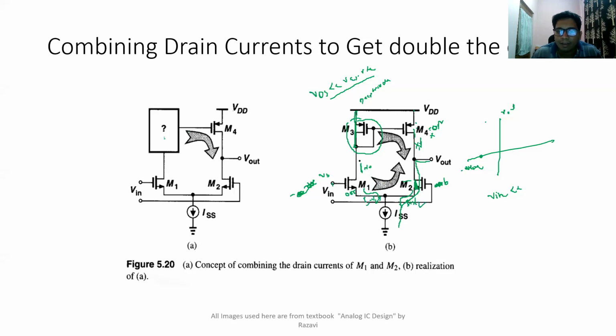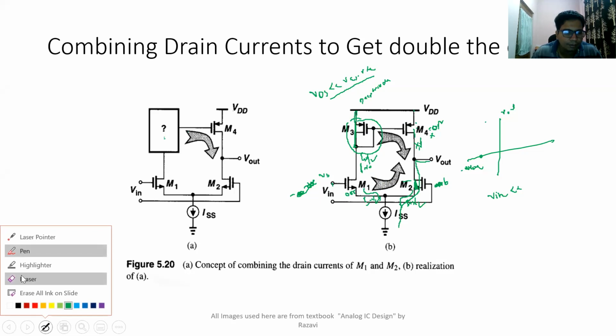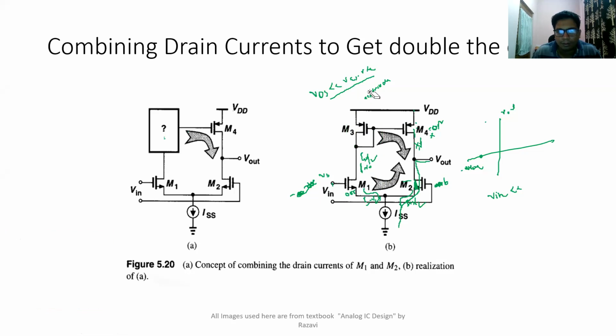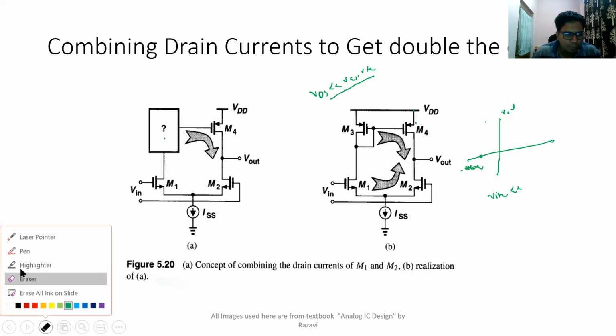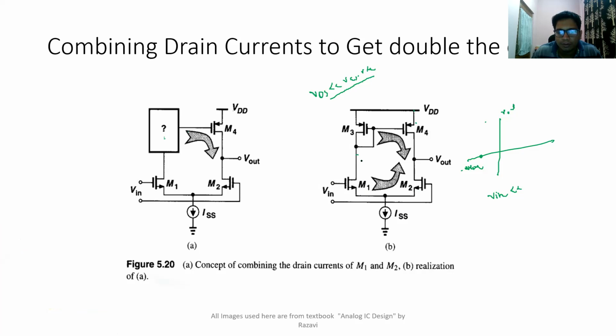Let me just erase this. So if ISS by 2 current is flowing here and ISS by 2 current is flowing here, the same ISS by 2 will flow through this transistor.